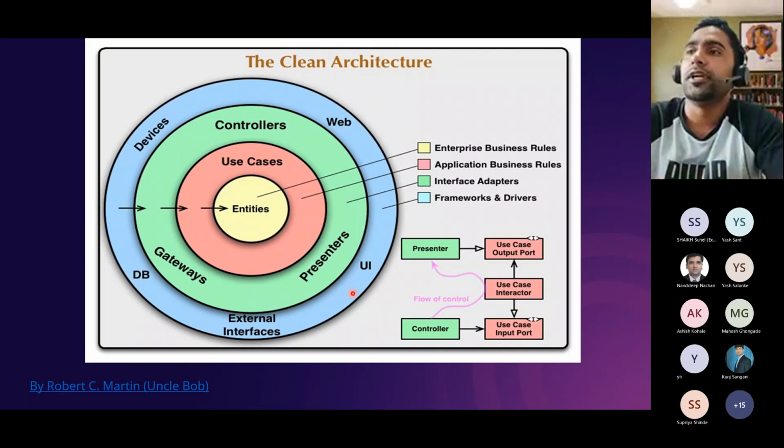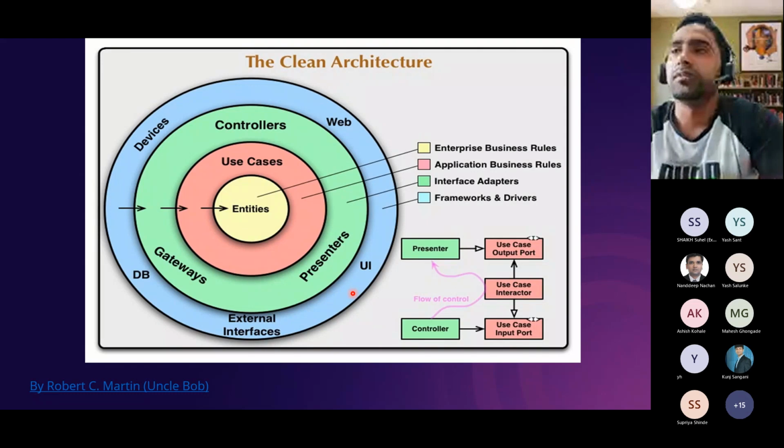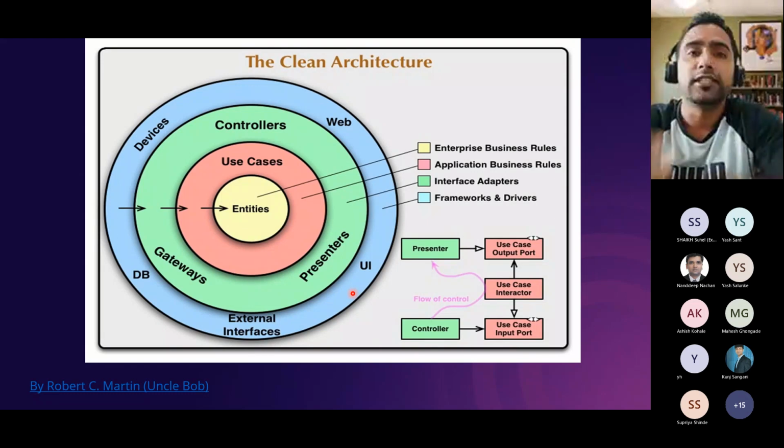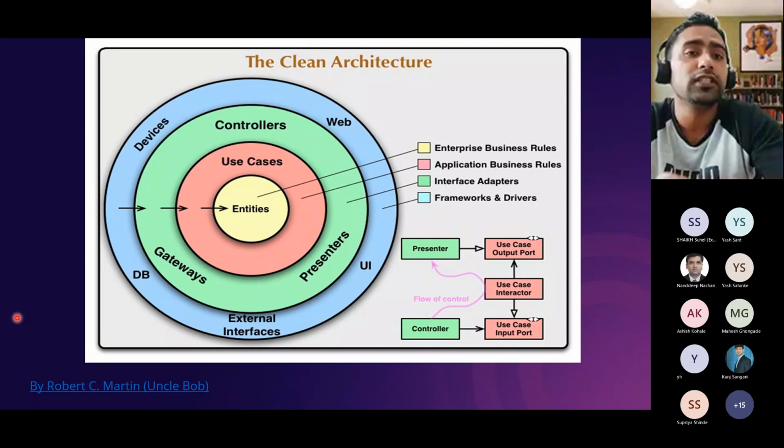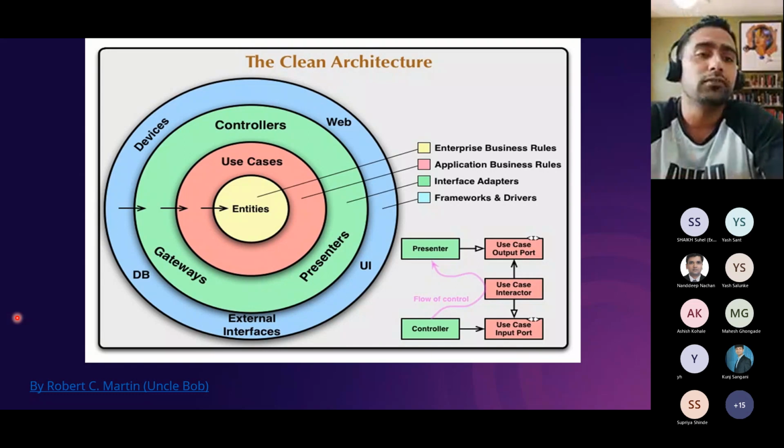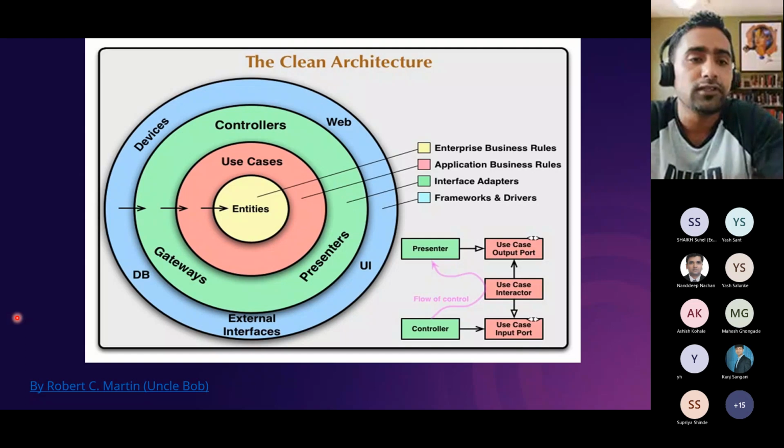So you can see the dependency flows from external to internal, which means the internal has less dependency, or there is no dependency at the entities. So these business entities are covered by use cases, which sometimes we call application rules, or services, or features.